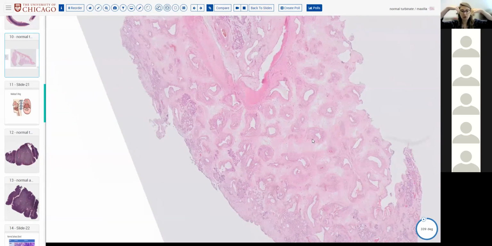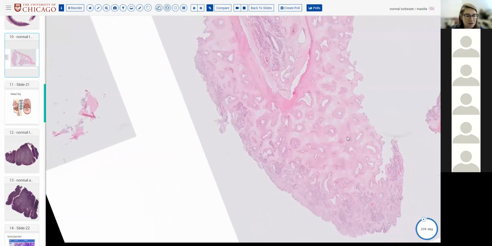What is the job of the turbinates? The job of the turbinates is to warm and moisten the air. And what do you need? You need vessels, okay? So the turbinate looks like this. This is the only thing in the head and neck that looks like this. I've said this at sign out to people before, but to me, this looks like the corpora of the penis, which is super richly vascular. It's the exact same thing as in the turbinate.